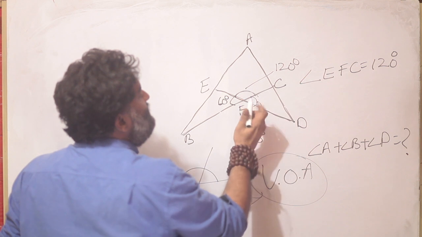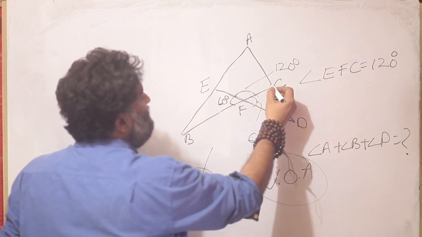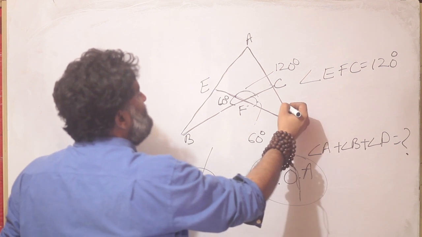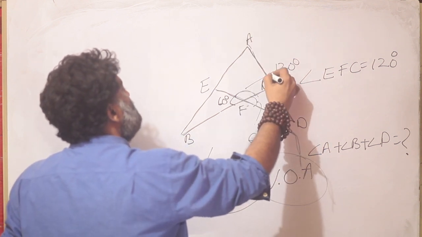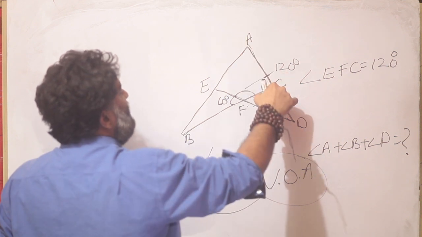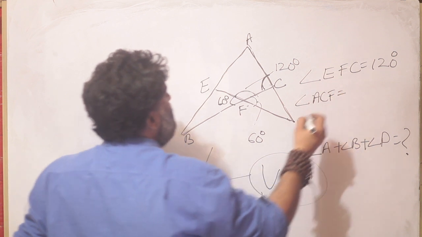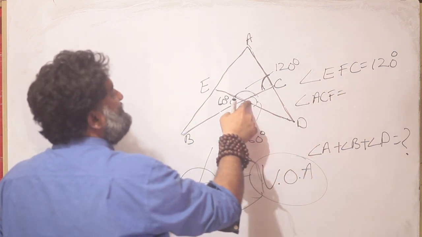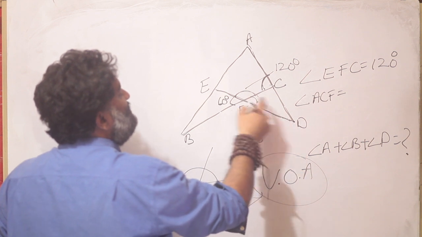And now zoom into this triangle FCD, and take the side DC and extend it going to A. That means this is the exterior angle. That means angle ACF is going to be angle D plus 60, because the exterior angle is the sum of the angles on the opposite side.